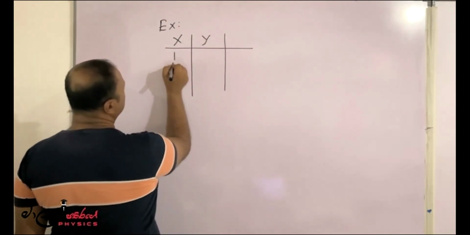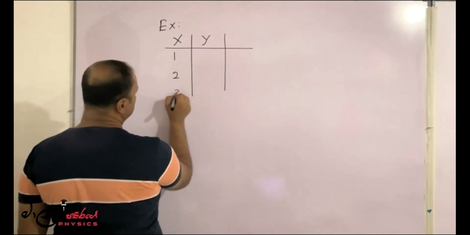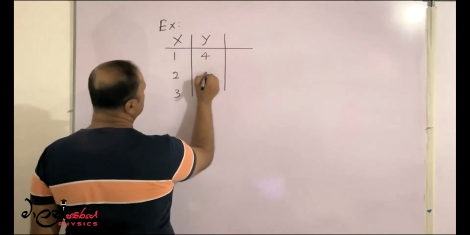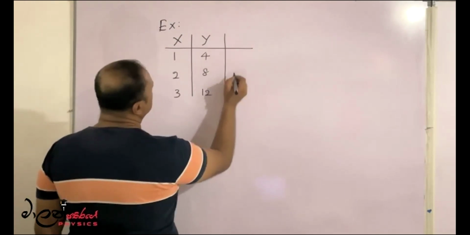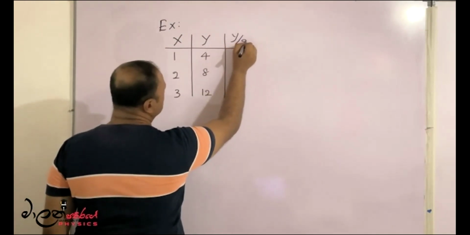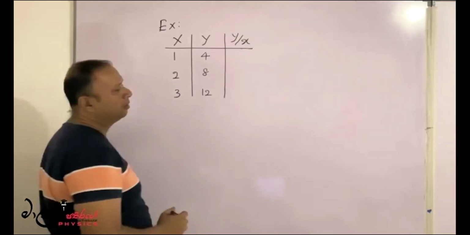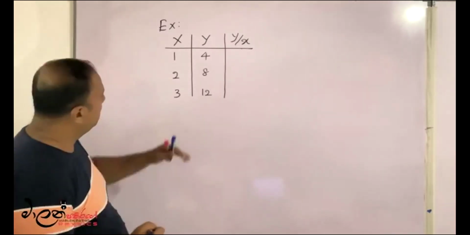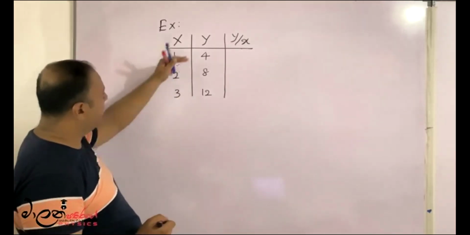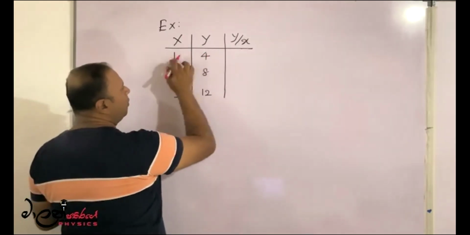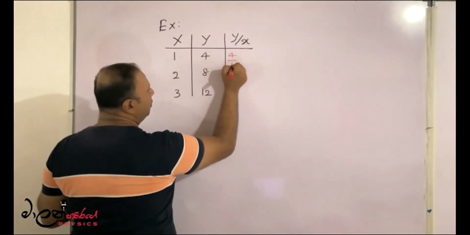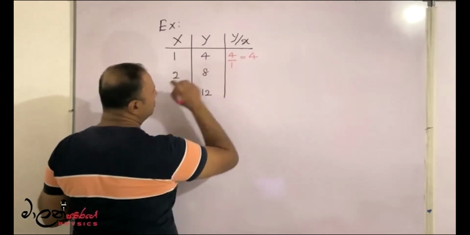Okay. X: 1, 2, 3; y: 4, 8, 12. Then y over x means 4 over 1, which is 4.